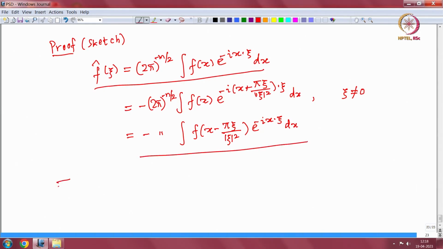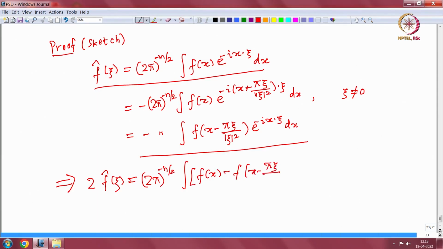Therefore, we have 2 f cap j equals the integral of f of x minus f of x minus pi j by mod j square, with the constant factor.